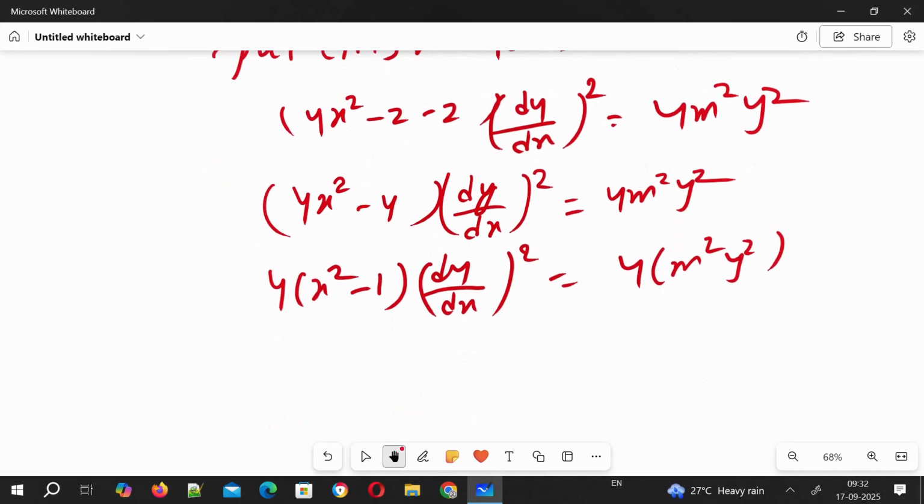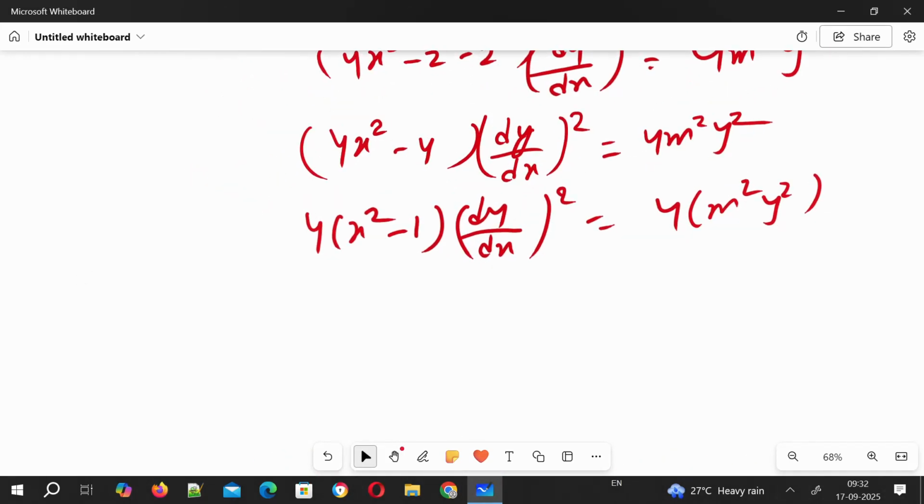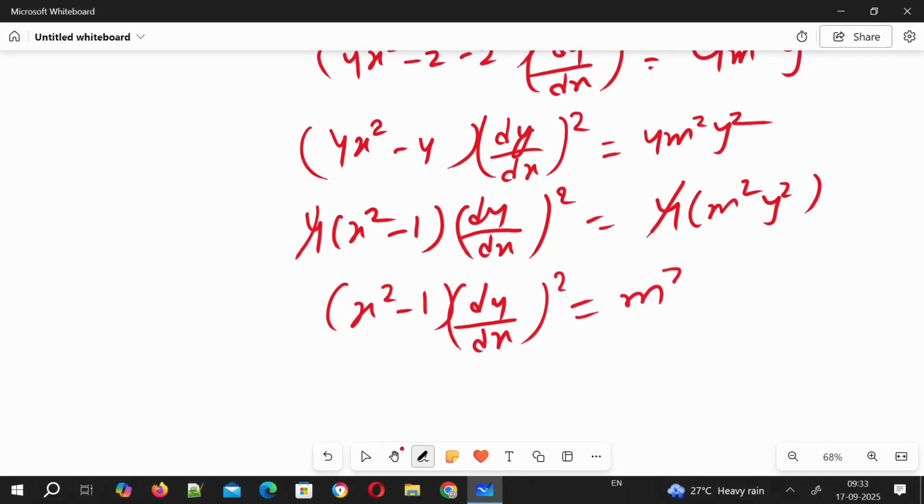Okay, now we delete the common 4, and you can write this equation in this form: (x square minus 1)(dy by dx) whole square equal to m square y square. Now we need to differentiate these equations.